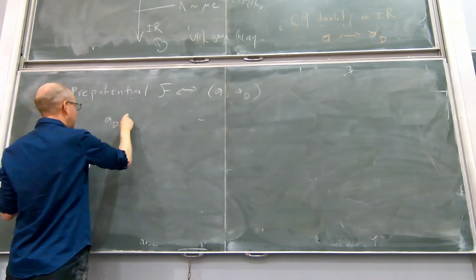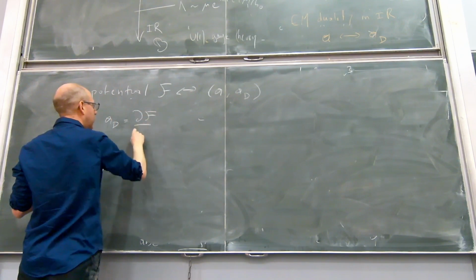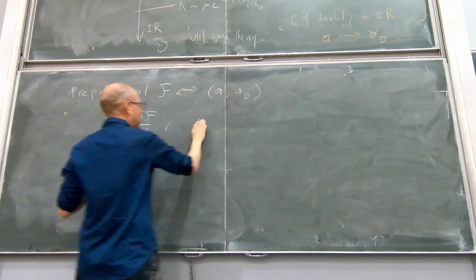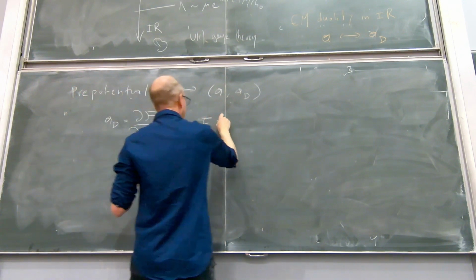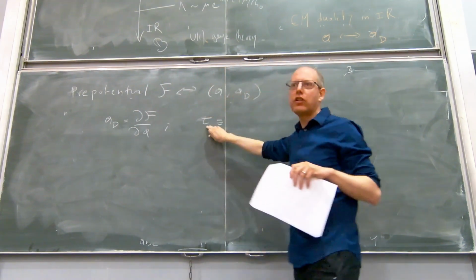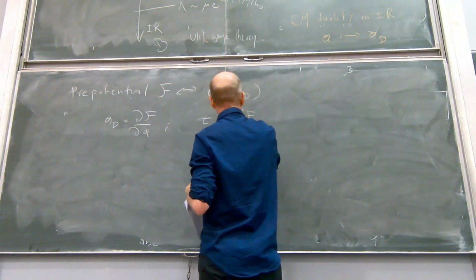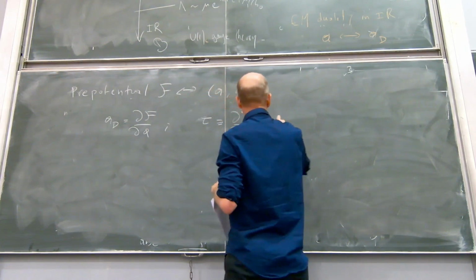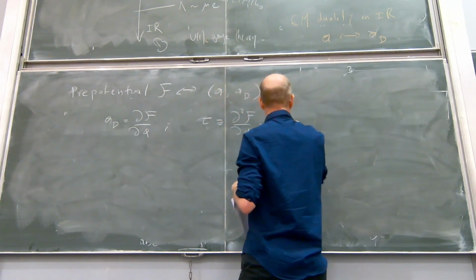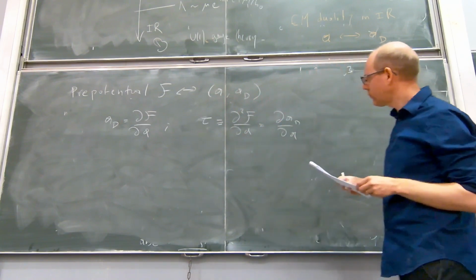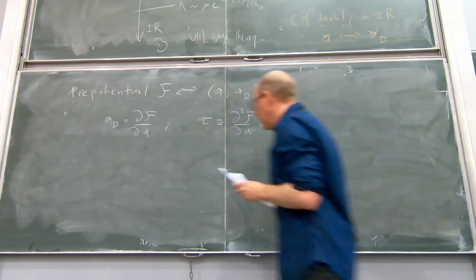They're related like this. a dual is dF/da, and then physically what we care about is the low energy gauge coupling on the Coulomb branch, which is the second derivative of the prepotential. So it's d a dual / da.